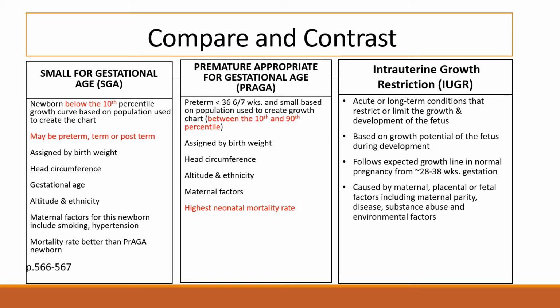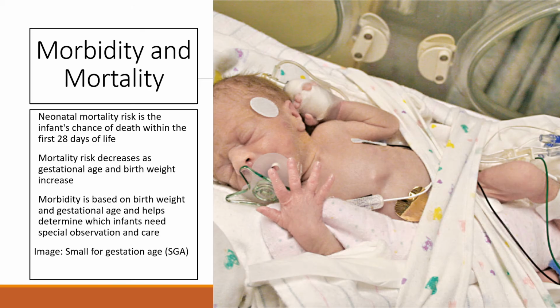Any sexually transmitted diseases, any maternal diseases that could interfere with placental development or transfer of placental blood flow could also contribute to intrauterine growth restriction. If there's any substance abuse or misuse, and there are also environmental factors that could impact intrauterine growth and could restrict the growth of the neonate.